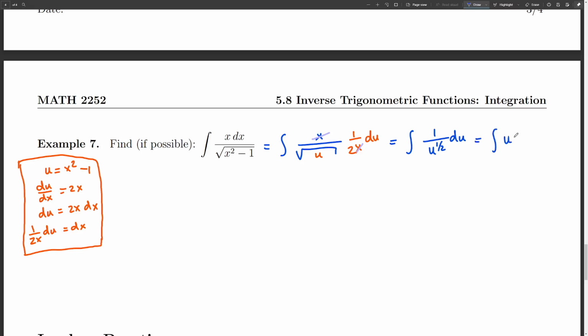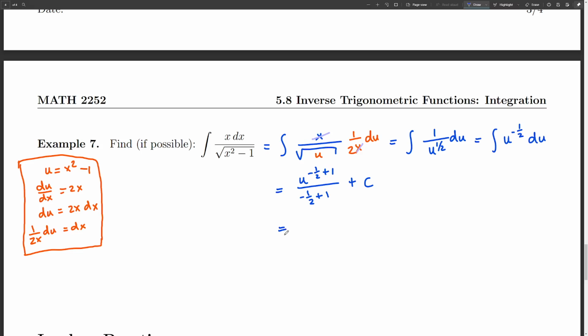And in order to use the power rule, I'm going to take that out of the denominator, put it in the numerator, and that will make the power negative. And so by the power rule for integration, I have to add 1 to that power and then divide by that new power and then add a constant of integration.